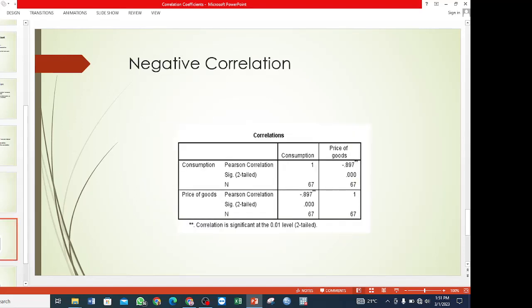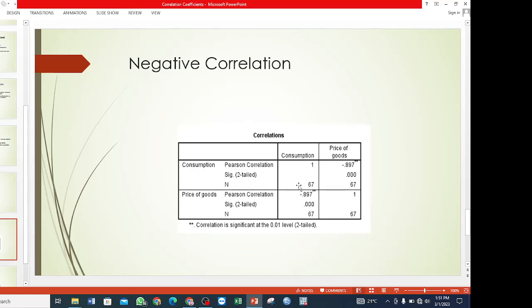Other times you get a negative value. For example, in this example, I have used the correlation between consumption and price of goods. And you find that the correlation coefficient in this example is negative 0.897.